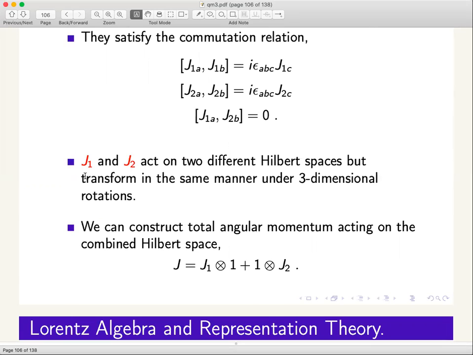Under three-dimensional rotation, actually I did not mean rotation, I want to talk about all transformations, but if you do a transformation which rotates x, y, z into each other, this component will actually rotate. So there is nothing wrong with that.